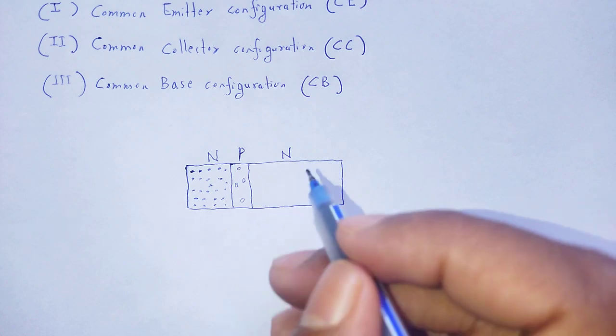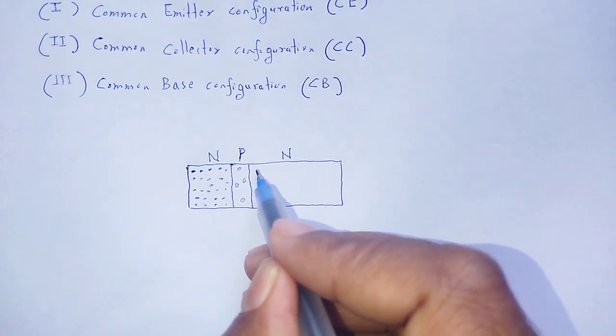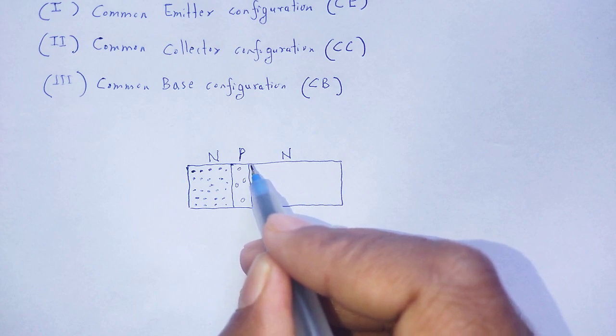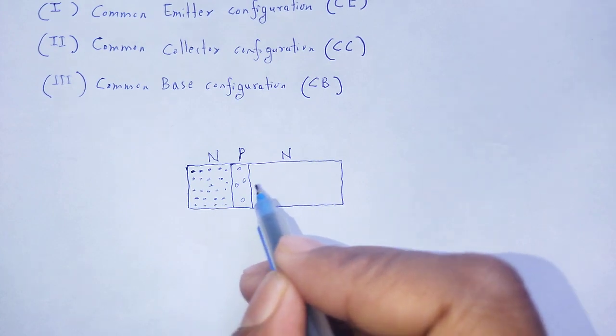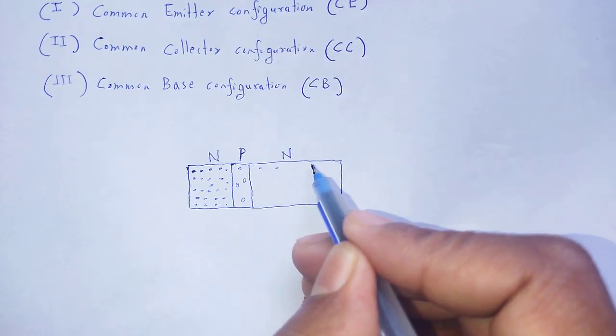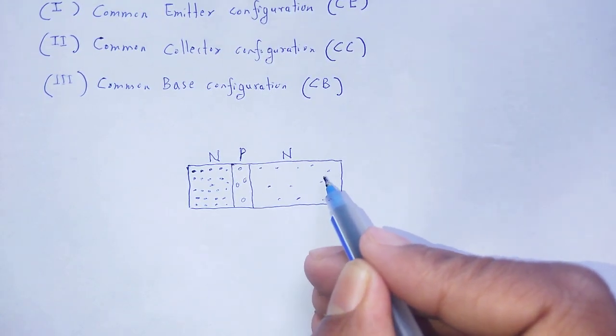That one is the collector. It is less doped and much wider as compared to that of the emitter. Free electrons are the majority charge carriers.